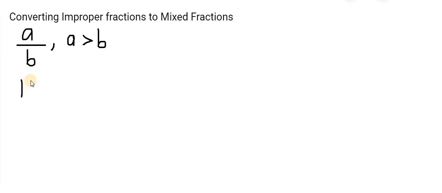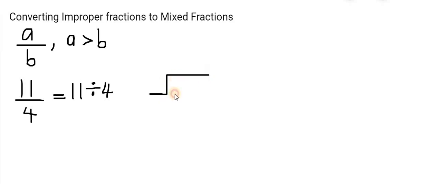So, if I considered 11 over 4, and I wanted to convert that to a mixed fraction, remember I said this is the same as saying 11 divided by 4. So I take that to a long division. 4 in 1, the number of 4s in 1, that's 0.